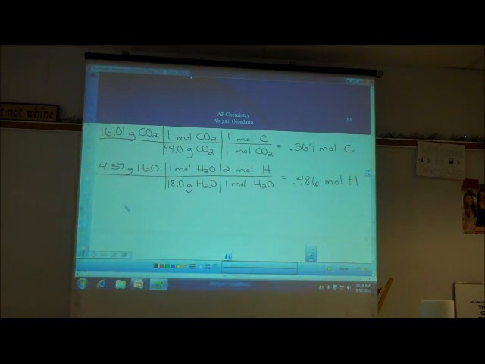So, how do you turn moles of C into grams of C? Multiply by molar mass.